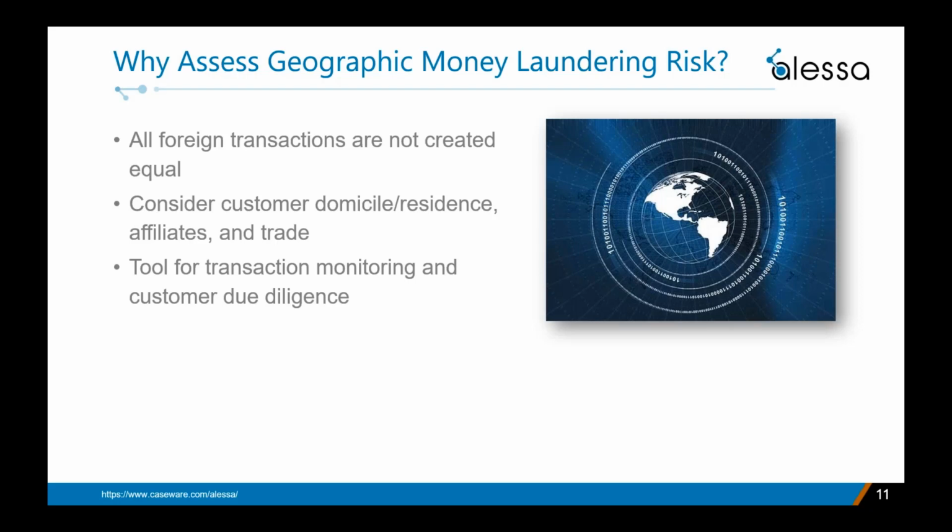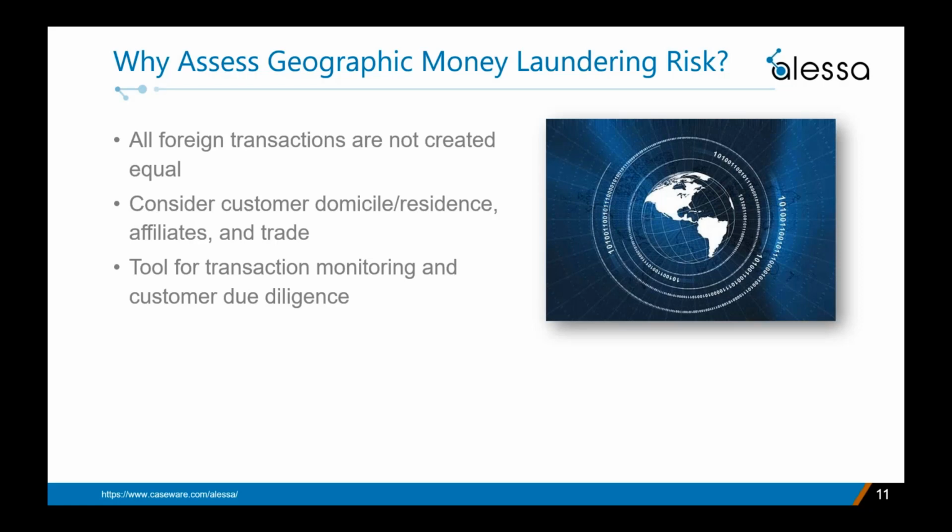Now, once we have a means to say that a particular country has a high money laundering risk or terrorist financing risk, then when a customer has transaction activity with counterparties in that country, we can then flag and evaluate those transactions. And the same goes with customer due diligence research.